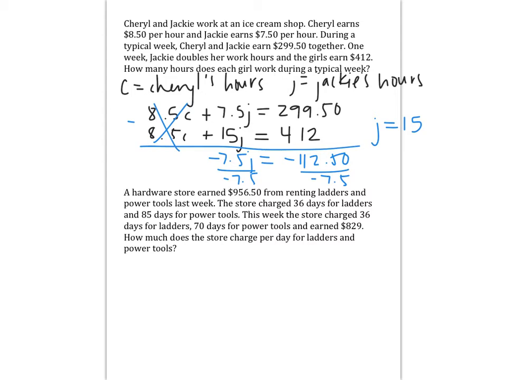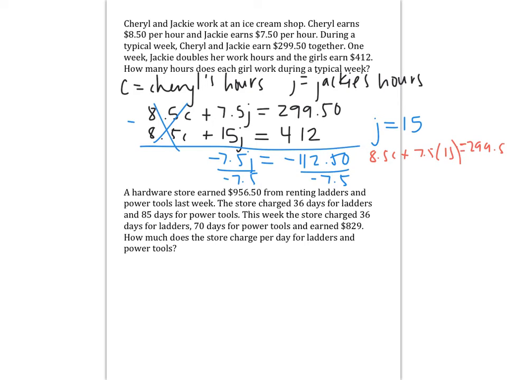So now let's plug that back into either equation to solve for Cheryl's hours. So I'll plug that into the top equation and say 8.5C plus 7.5 times 15 equals 299.50.